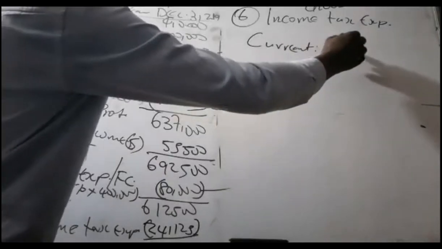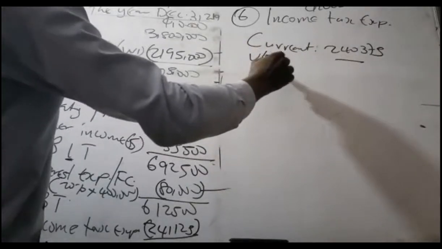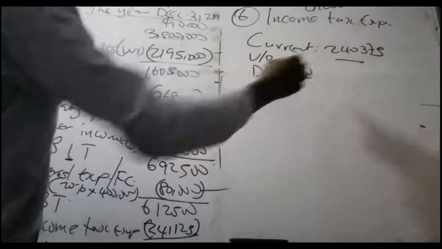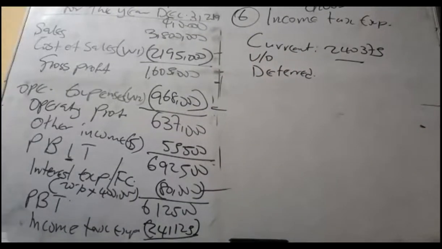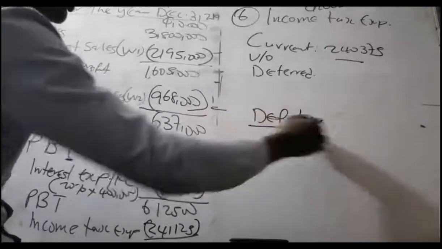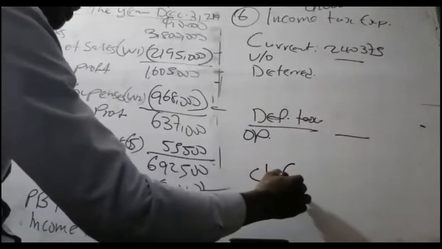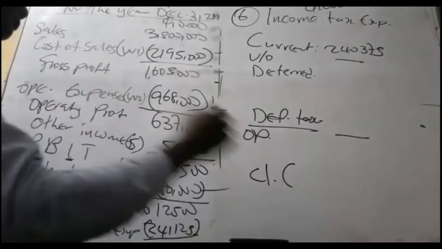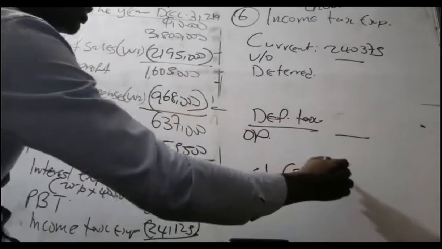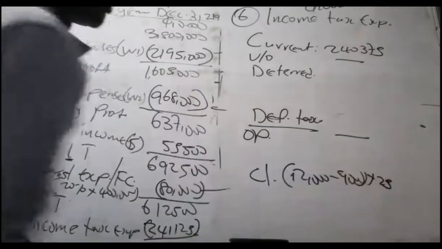We have 240,375. Under or over? We don't have some in this question. Deferred tax. We paused, and then we did another workings again. We said deferred tax working. Open balance dash. Closing balance: we open a bracket. We said that the accounting base is 12,000 and there's a tax base of 9,000 times 25%.